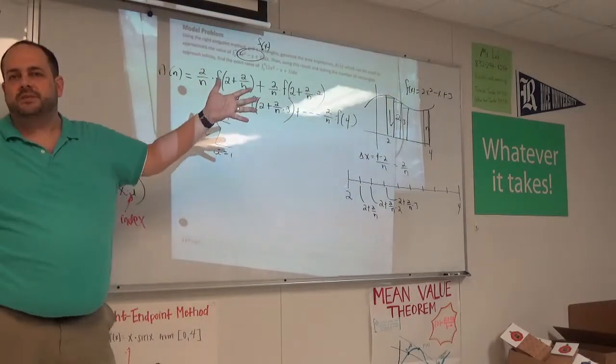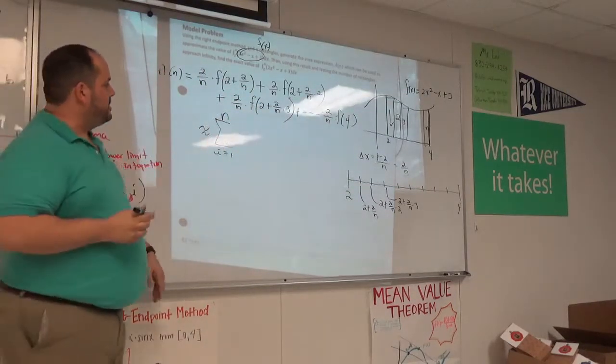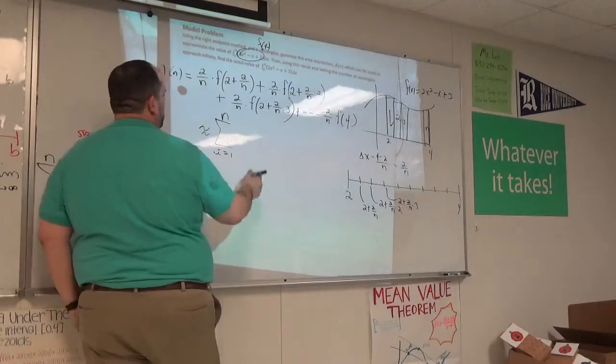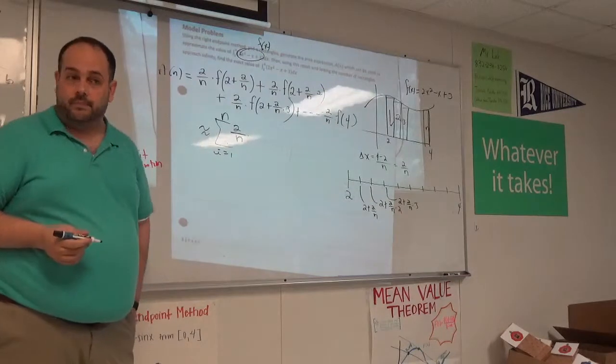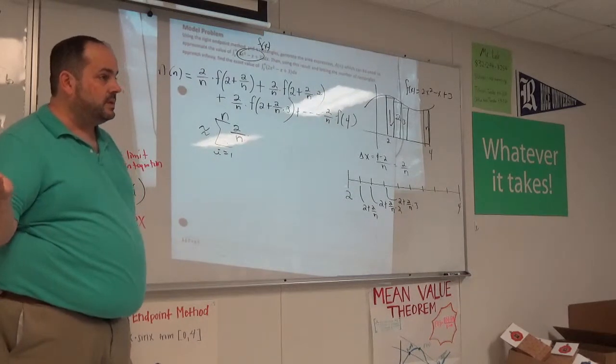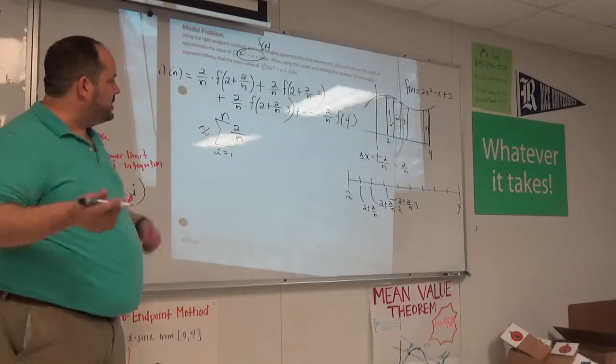Okay, patterns that we're seeing in the sum. Fabricio, give me a pattern that you see here. 2 over n. Okay, 2 over n, that's what I'm multiplying by every single time. What else? Brianna, any other patterns that you see going on here?